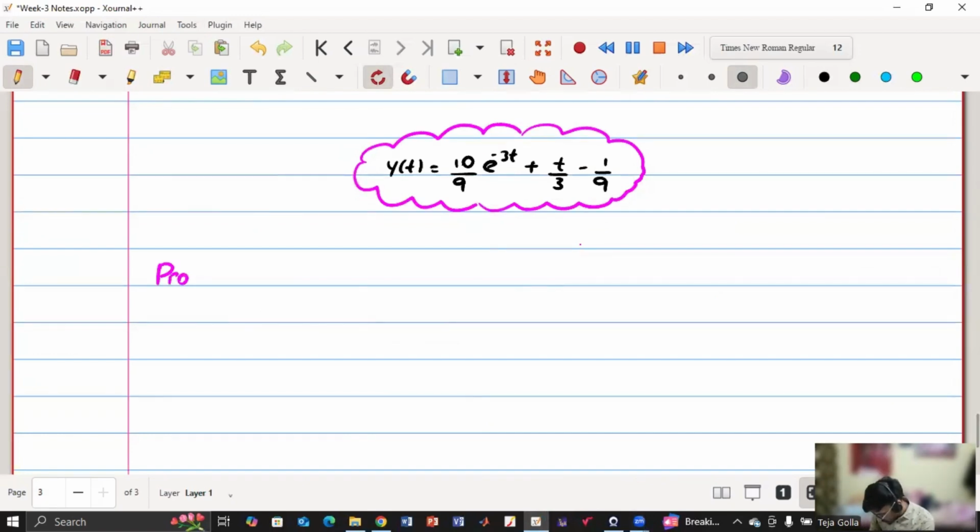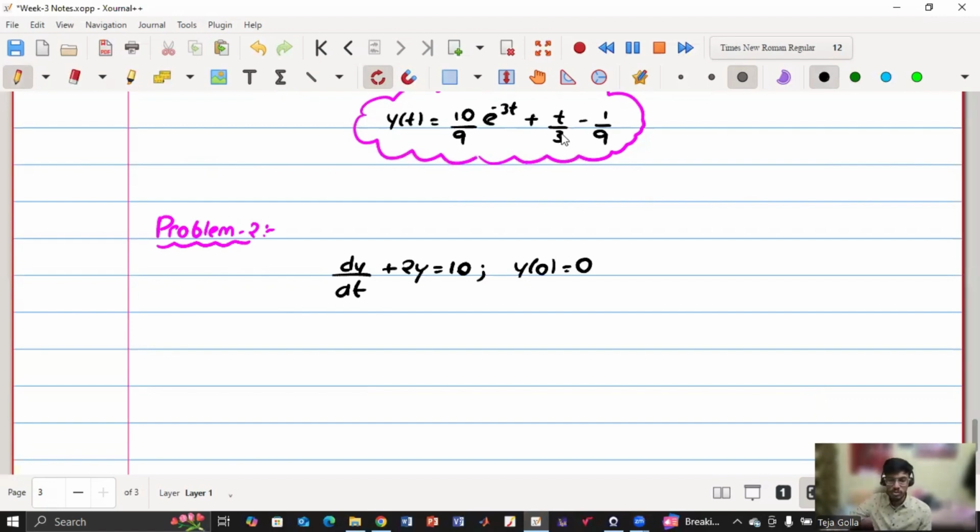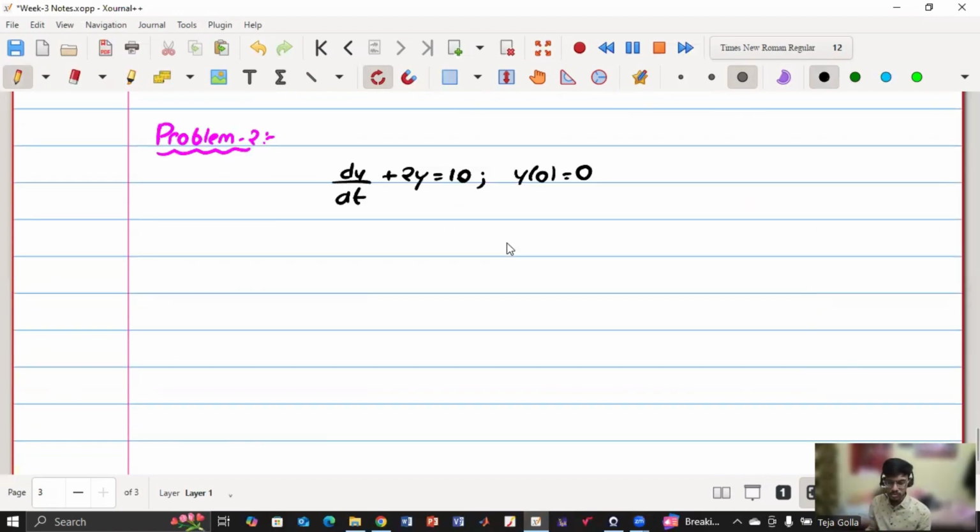Now this problem you should be solving before me. Similar problem, slightly different. The problem is dy by dt plus 2y equals 10, and y of 0 equals 0. You start solving it. I'll solve slowly so that everyone will follow, but you start solving it.